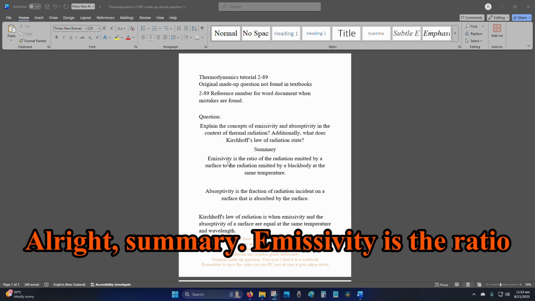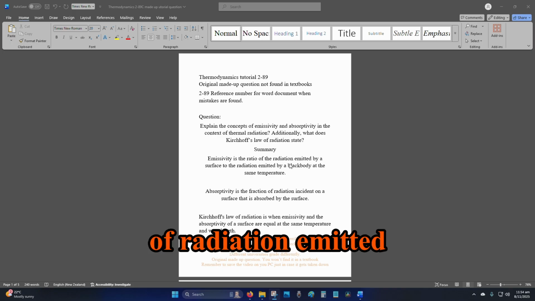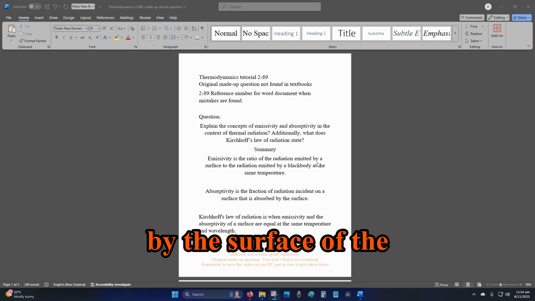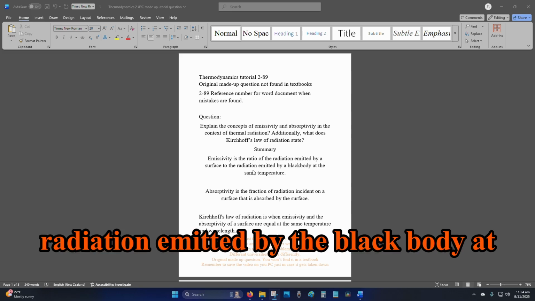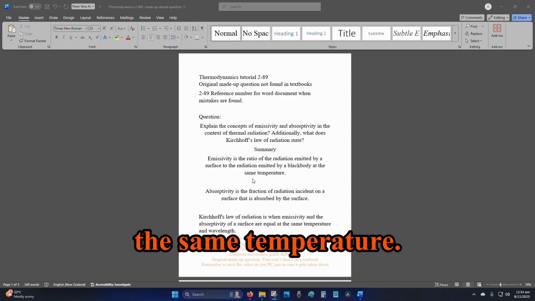Alright, summary. Emissivity is the ratio of radiation emitted by the surface to the radiation emitted by the black body at the same temperature.